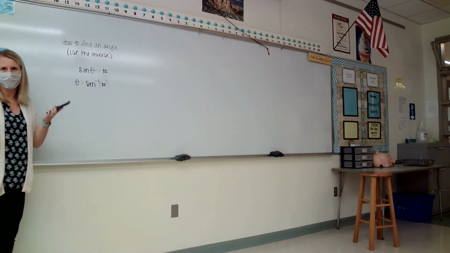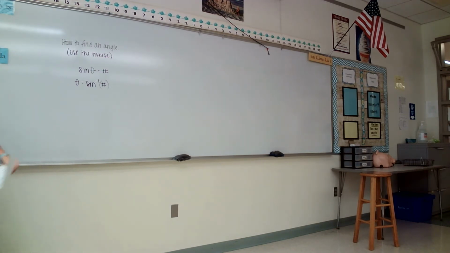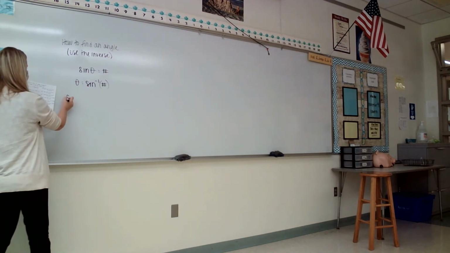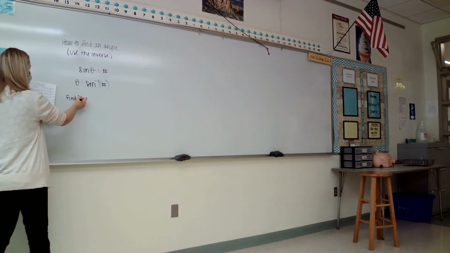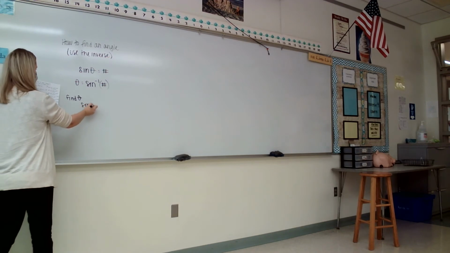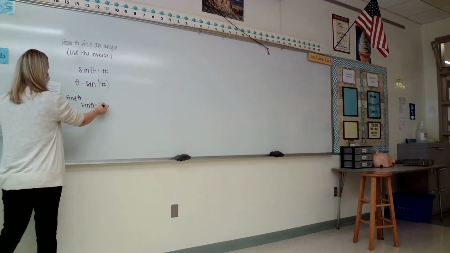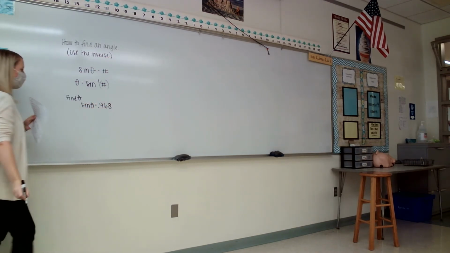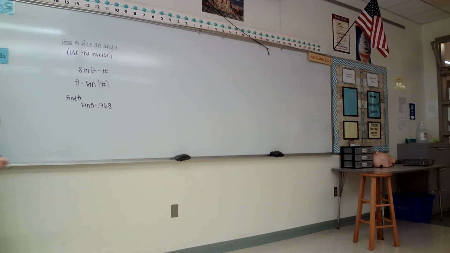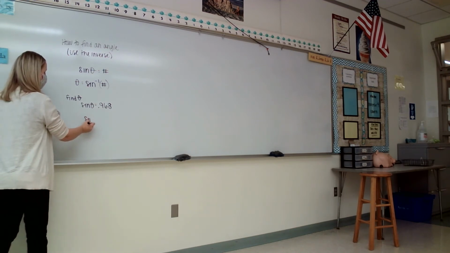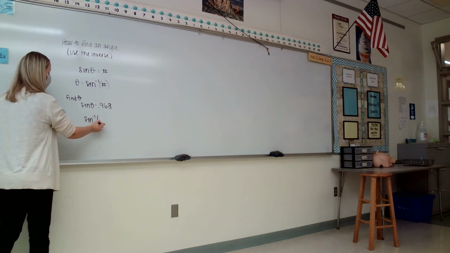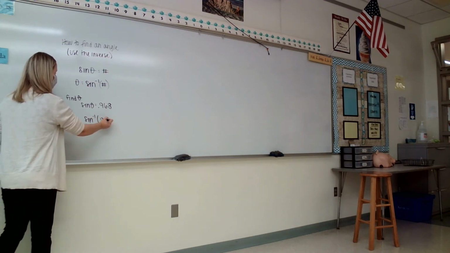So let's do one with an example and see if we can figure it out. If I say find theta, if sine theta equals 0.968, you would plug that in your calculator as the inverse sine of 0.968.